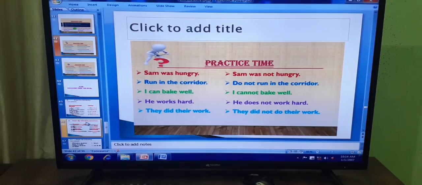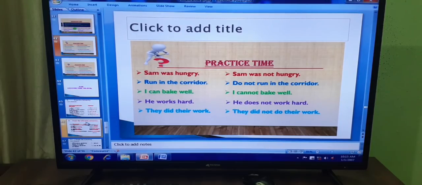The second sentence, run in the corridor. And when we change it into the negative, do not run in the corridor. The third sentence, in the affirmative sentence, it is given, I can bake well.